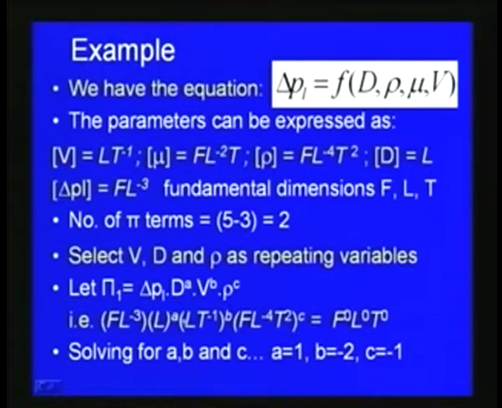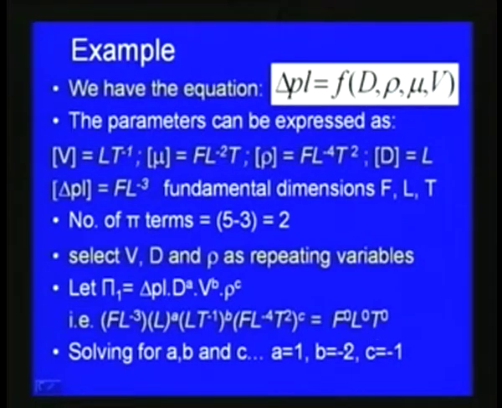The right hand side is pi 1, which is dimensionless, so F to the power 0, L to the power 0, t to the power 0. Solving for the unknown exponents a, b, and c, we get a is equal to 1, b is equal to minus 2, and c is equal to minus 1.